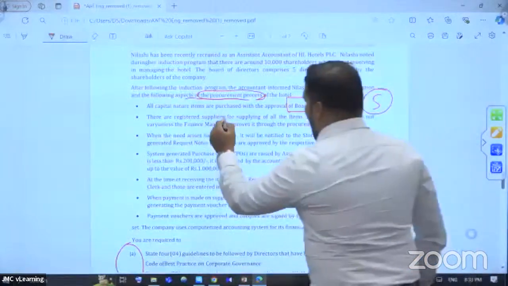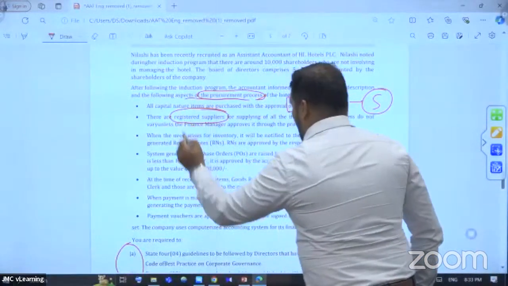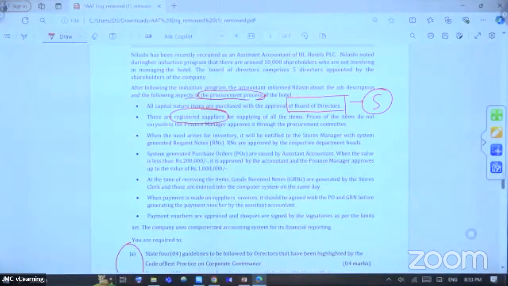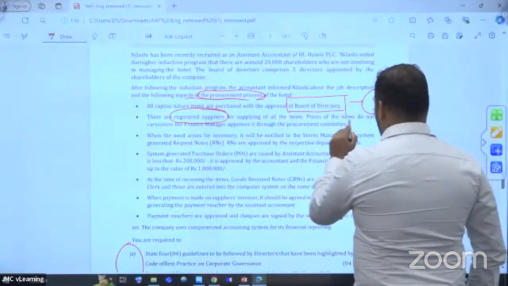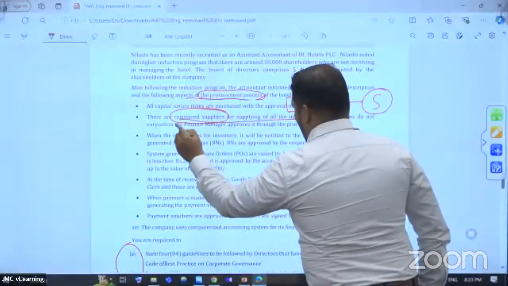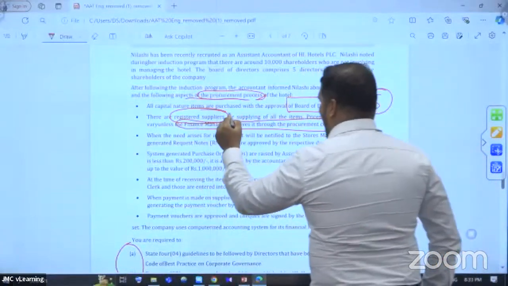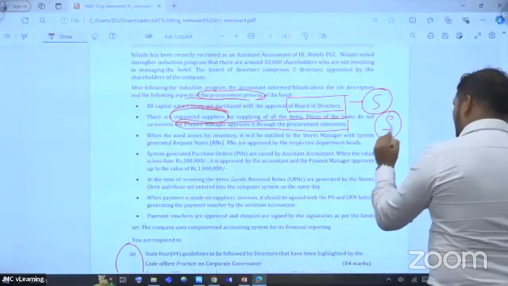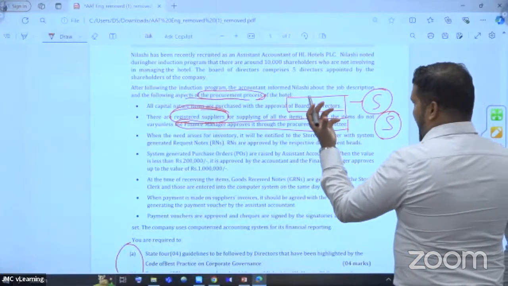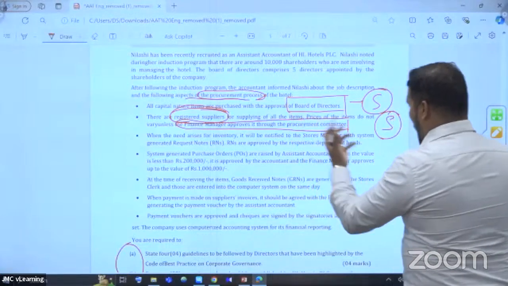There are registered suppliers for supplying all the items. Prices of the items do not vary unless the finance manager approves it through the procurement committee. So the prices are fixed. They have registered suppliers and the prices are fixed. Again, this is considered a strength. It's basically an indication of a good procurement system.